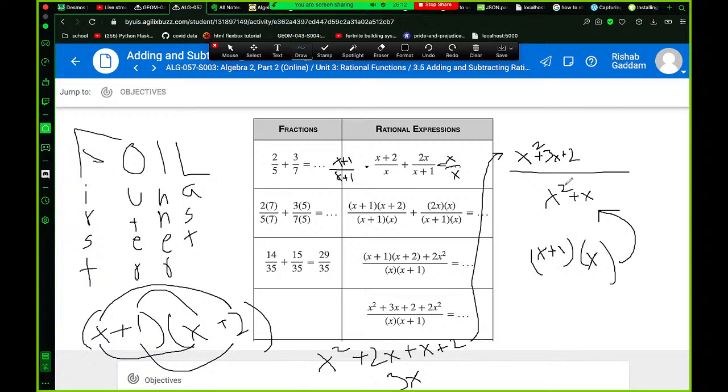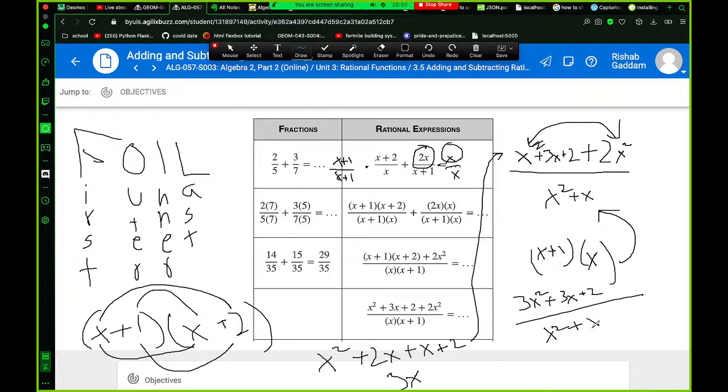So we're gonna move on with this problem. So over here we have 2x and we have x over here. So 2x times x is obviously 2x squared. And now, since these two are common terms, we can add those two together, and we get 3x squared plus 3x plus 2 over x squared plus x.